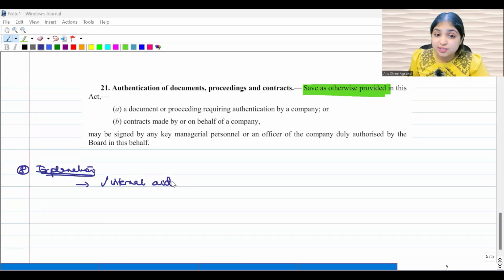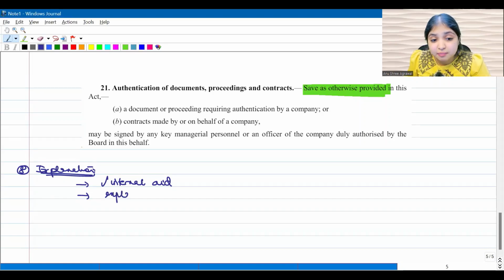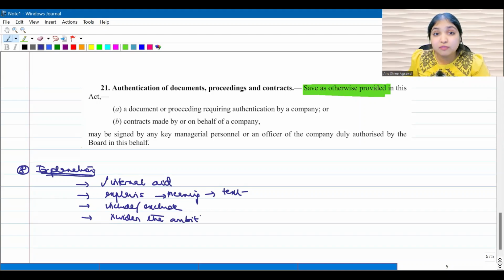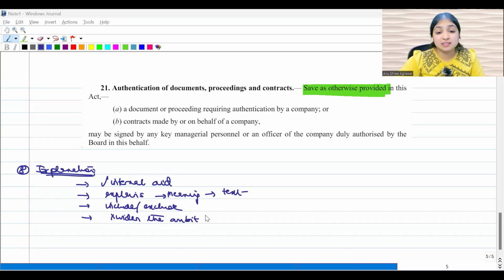It is added into the section itself. It is attached to the section itself. It explains the meaning of a particular text in that section. And through the explanation, the lawmaker will either include something or exclude something. But because of explanation, we cannot widen the ambit of the section. We cannot increase the scope of the section.